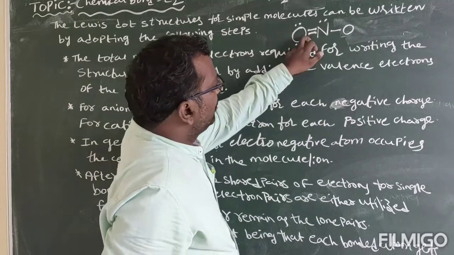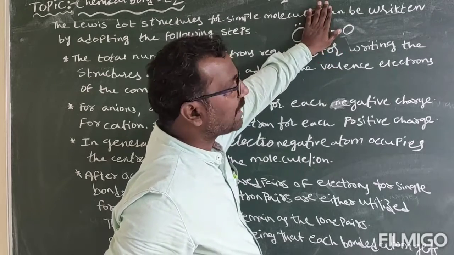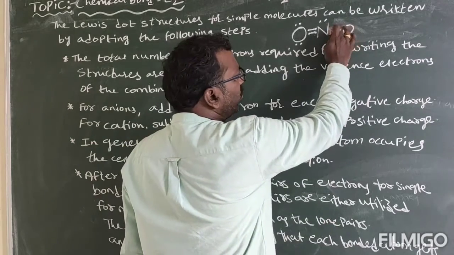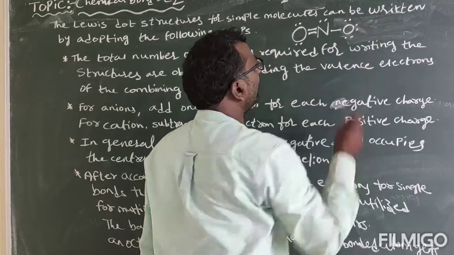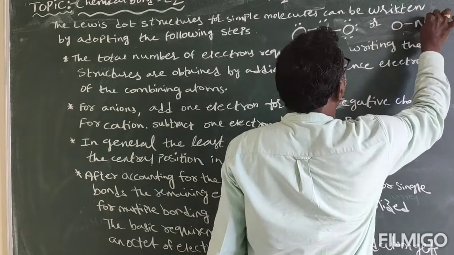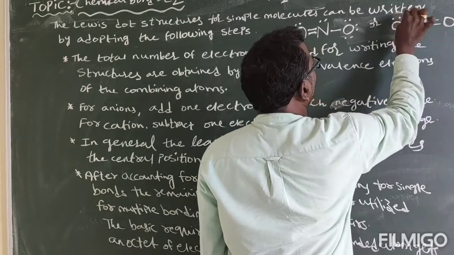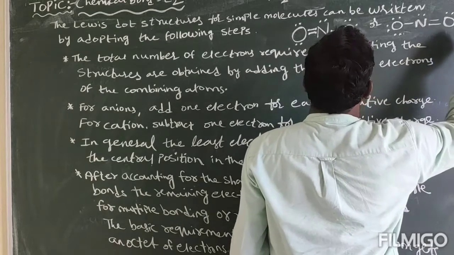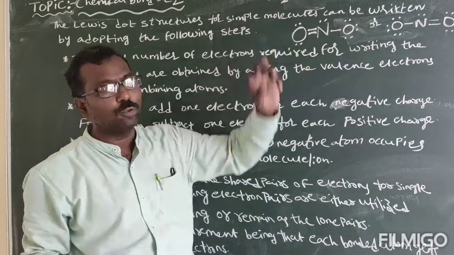Okay, so for this nitrogen 1, 2, 3, 4, 5, 6, 7, 8 is completed. Again for this oxygen, 2 are completed, so 6 is required. Or I can draw like this also. Any structure can be done for NO2 minus.